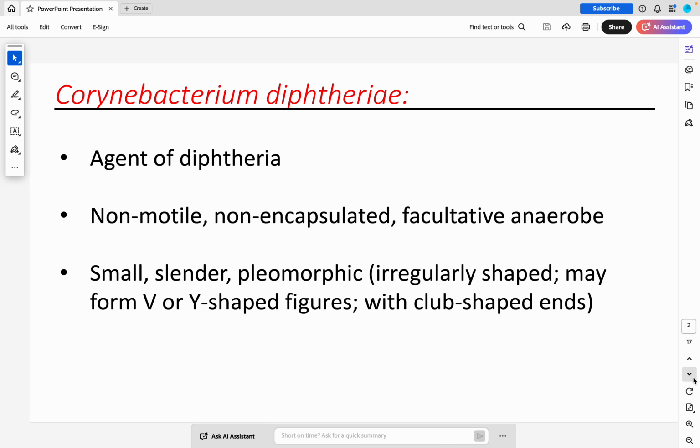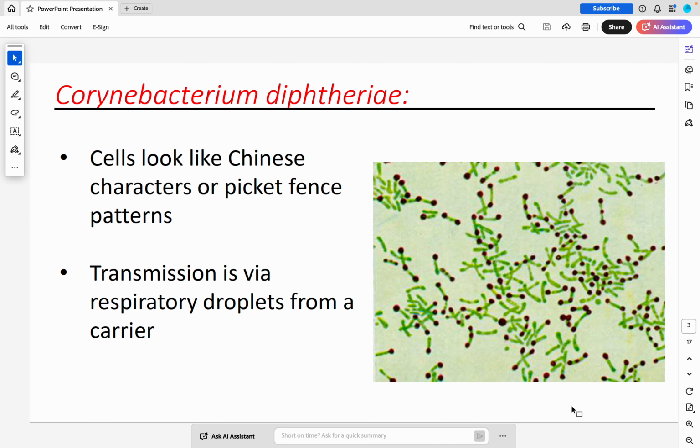In terms of appearance, the cells appear pleomorphic. They can be irregularly shaped at times, and may form V or Y shaped figures with club shaped ends. Here you can see a stained photomicrograph of Corynebacterium diphtheriae cells.